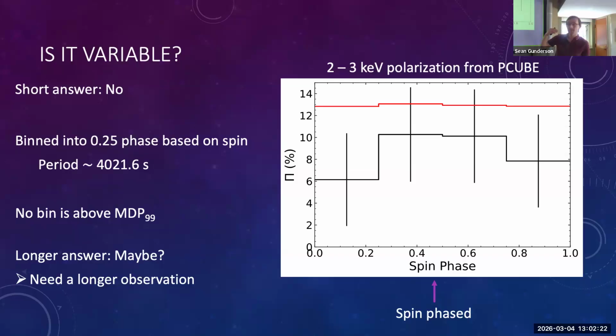What that would tell us is that there's an asymmetry in the system given by our line of sight and the actual geometry of the accretion.